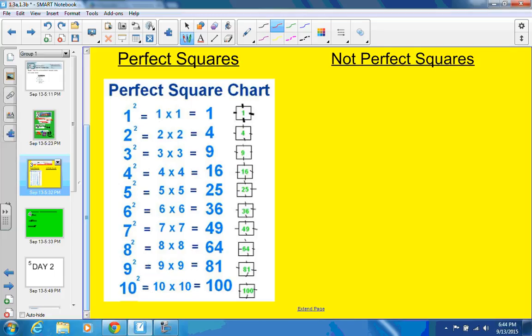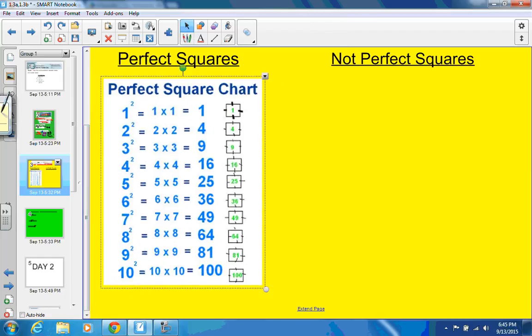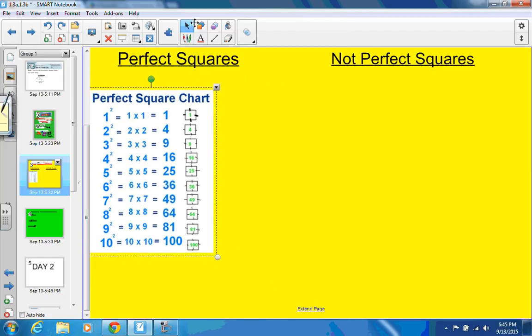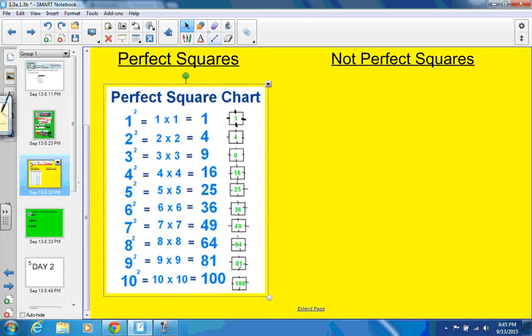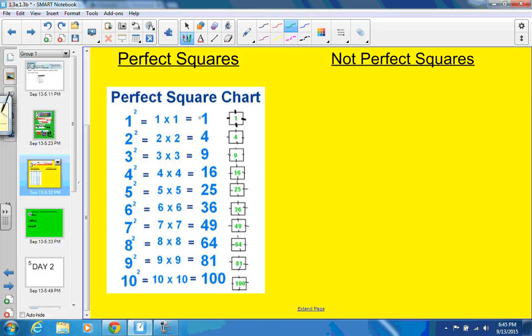If you go backwards, actually we'll do this here. The square root of 1 equals 1.